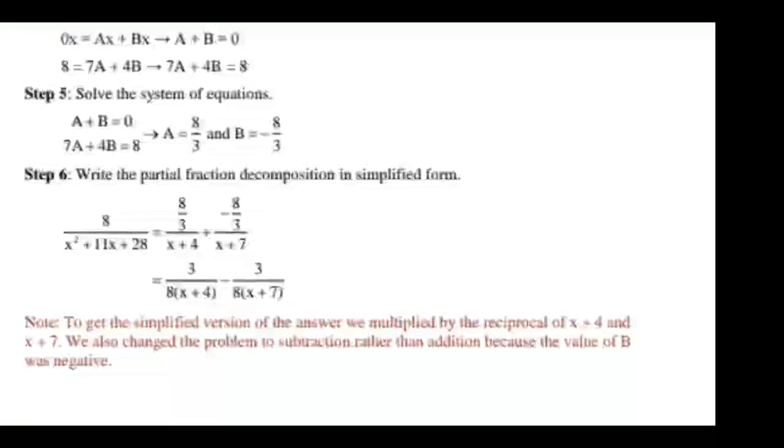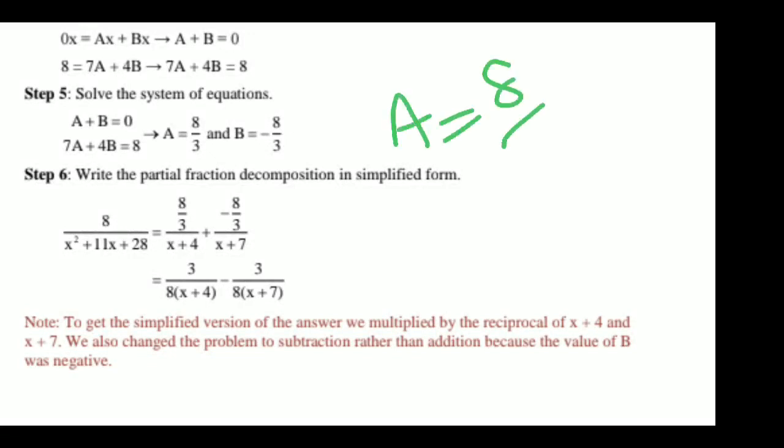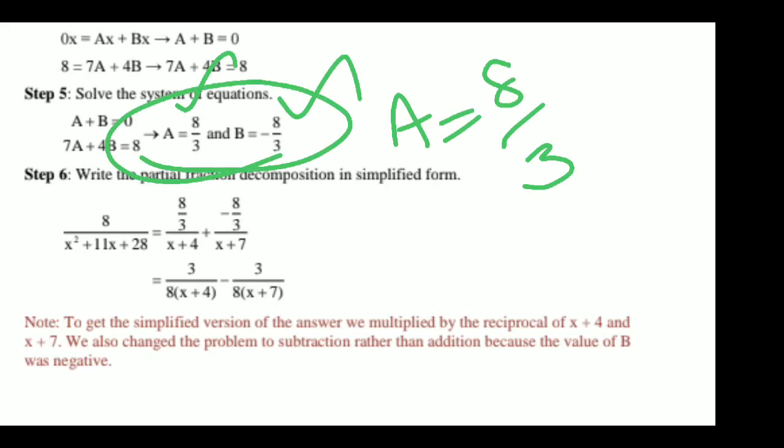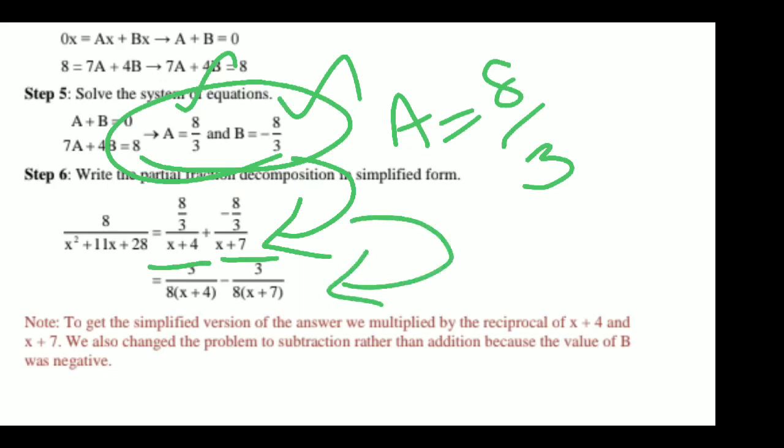So that the value of a you are getting here, as you see here, the value of a is equal to 8 by 3 and b equal to minus 8 by 3. Substitute this a value, b value in the fraction form. What will you get? (8 by 3) by (x minus 4) minus (8 by 3) by (x plus 7). This may also be written as, you divide this fraction into multiplication, it becomes reciprocal.